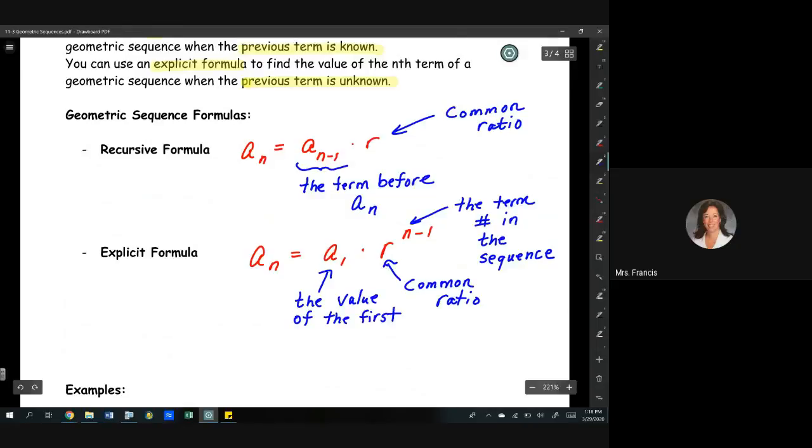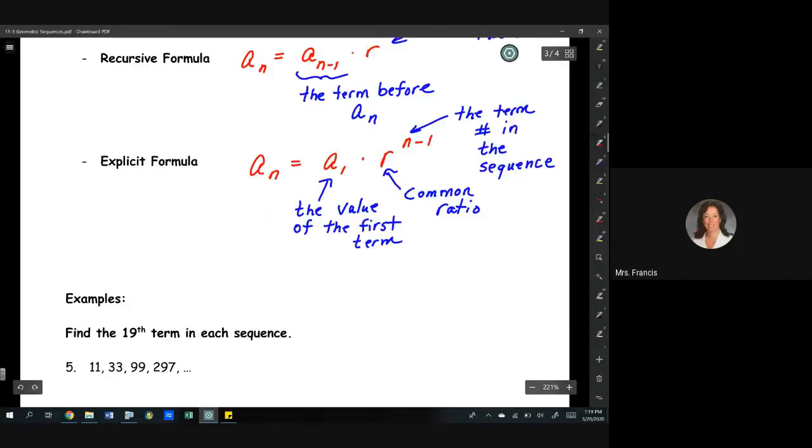So students always get really confused in this unit with the notations. Let me give you an example here. We'll stick with our easy example where we do 2 and we multiply by 2 to get to the next term. So our common ratio is 2.